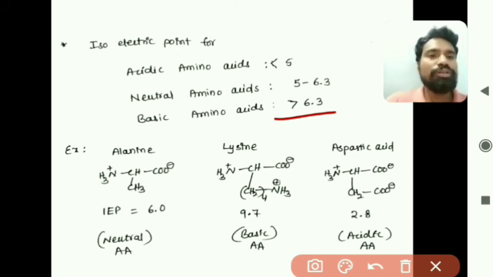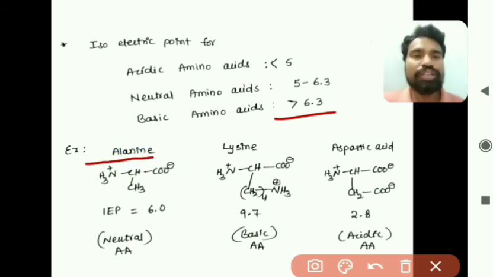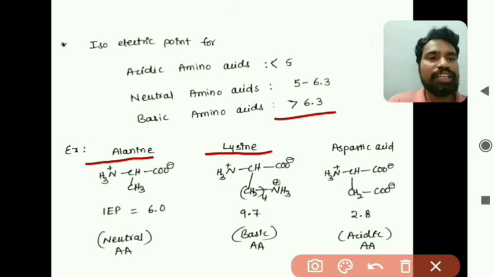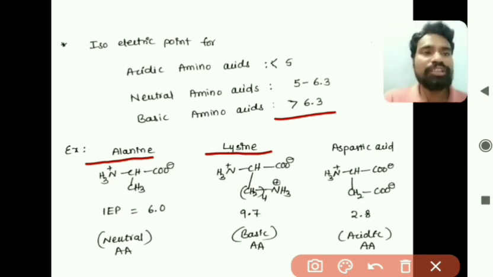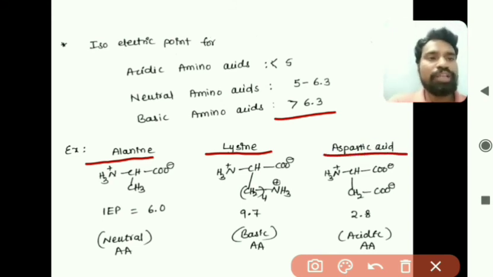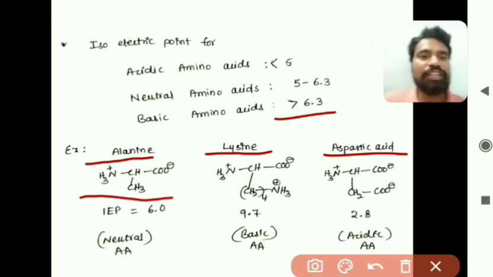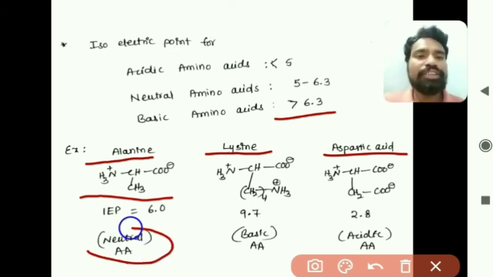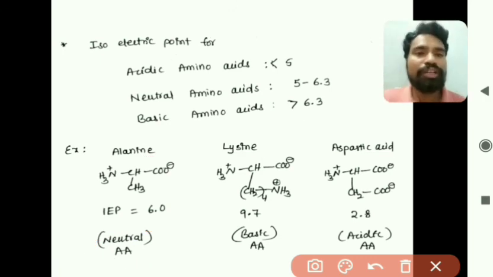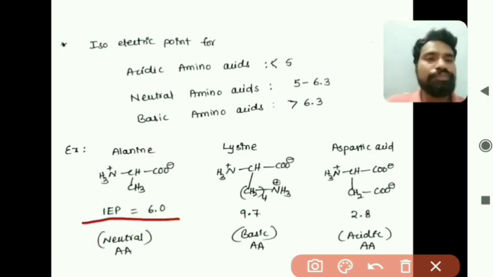So just observe three examples here. One is alanine, this is a neutral amino acid. The second one is lysine, that is a basic amino acid, and the third one is aspartic acid, that is an acidic amino acid, right? So here alanine, which is a neutral amino acid, has an isoelectric point of 6.